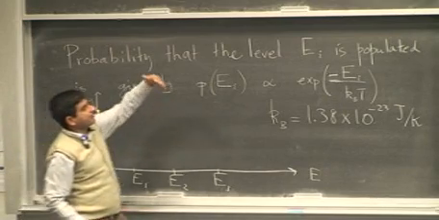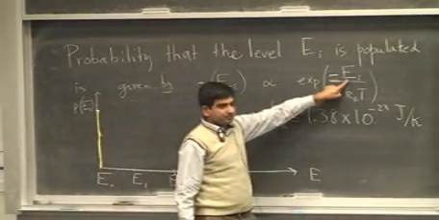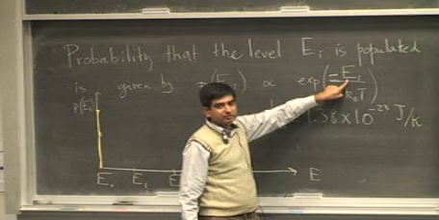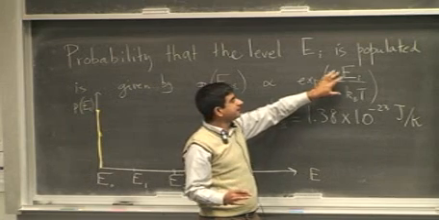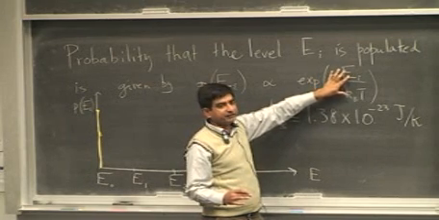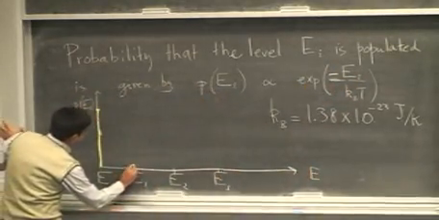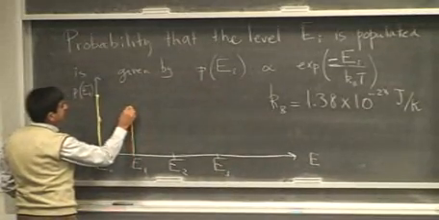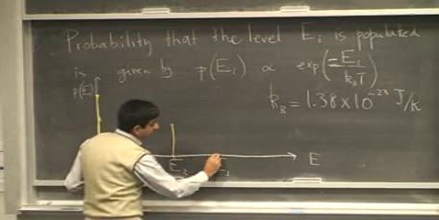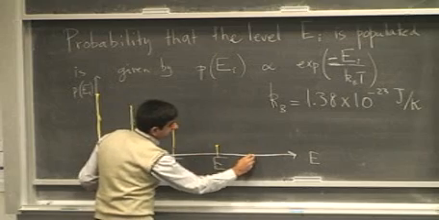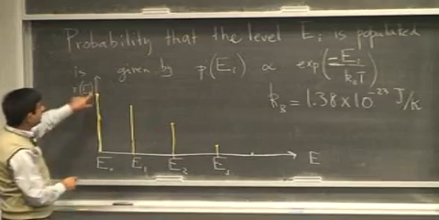When we reach the next level, which is E1, it's higher than E naught, the difference is h bar omega naught, but since this is a negative sign here, this exponential becomes more negative and the exponent decreases. So we get some probability associated with E1, some probability associated with E2, E3, E4 and so on.